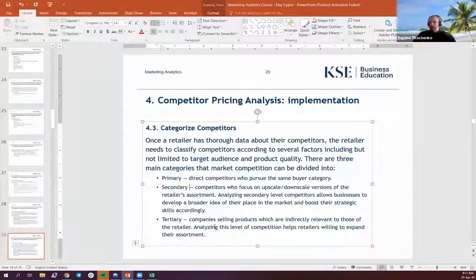So basically, you may consider everyone your competitor who operates in selling not the Coke but Fanta or Sprite, because it is technically the same audience. Technically, it is a primary competitor who is targeting your audience.